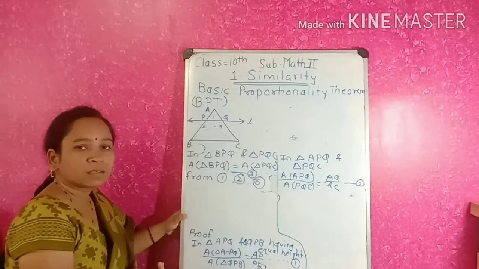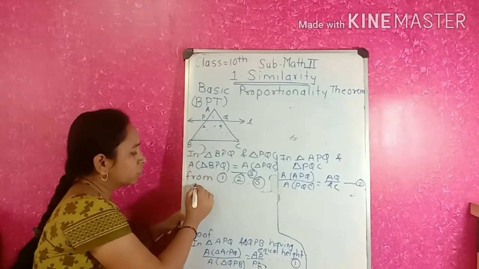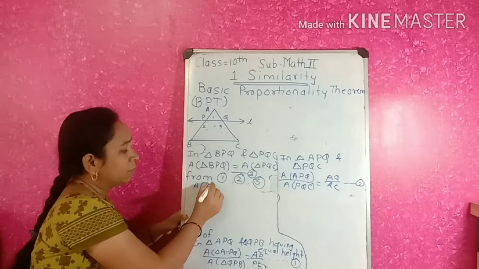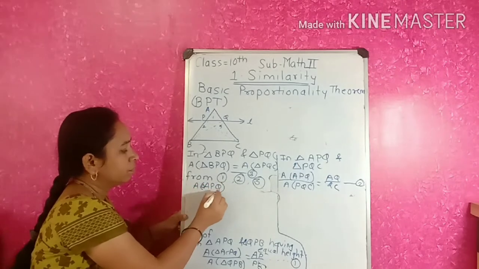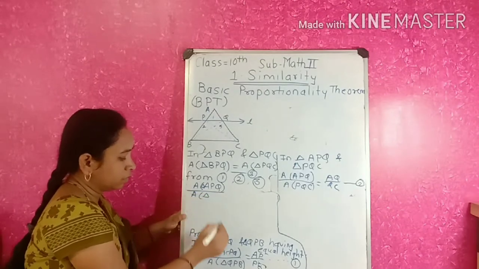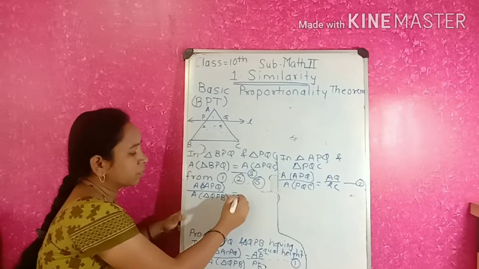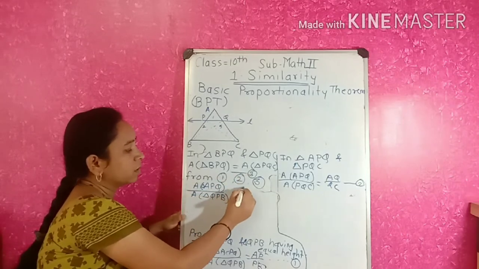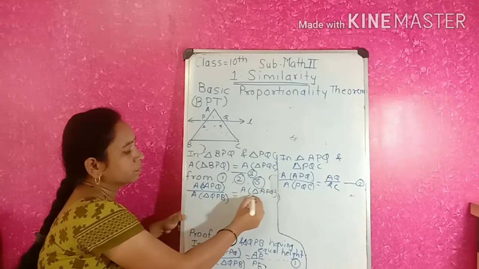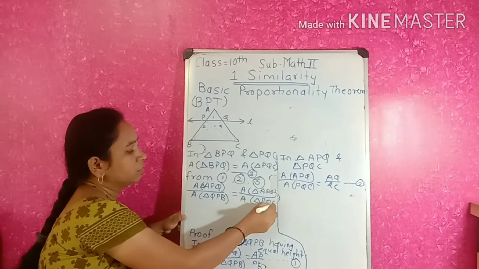So if numerators are the same and denominators are the same, then area of triangle APQ upon area of triangle QPB from the first is equal to, from the second equation, area of triangle APQ upon area of triangle PQC.